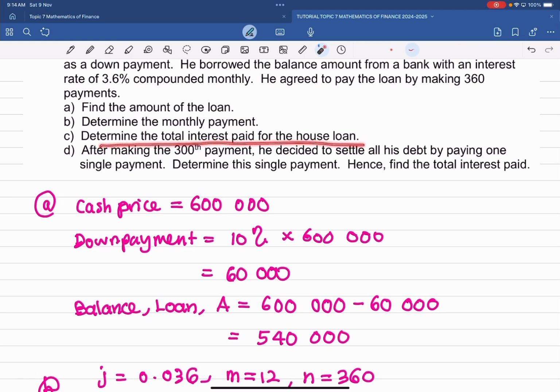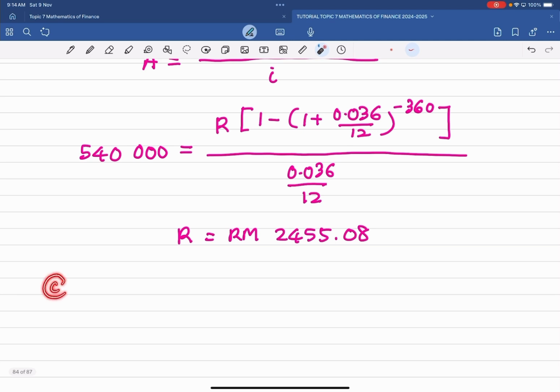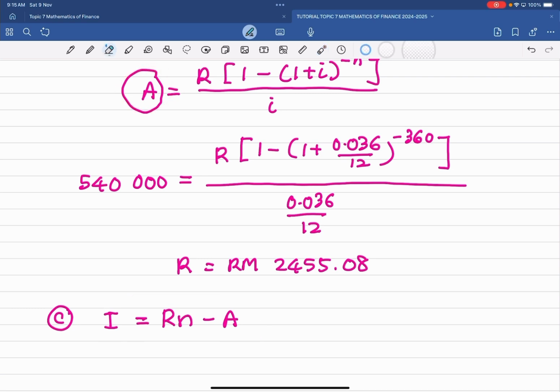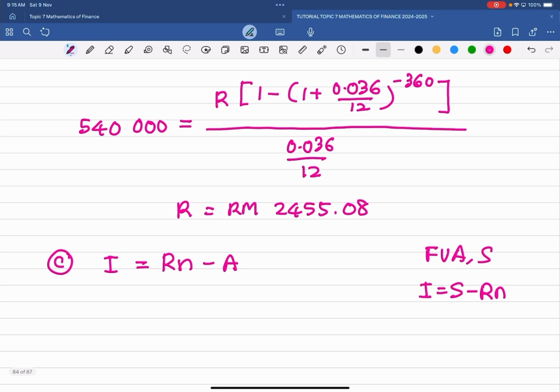Determine the total interest paid for the house loan. To find the interest, I equals R times n minus A. Wrong. Minus A. This is for the present value annuity. Do not confuse, do not use the same formula for S. If present value annuity, what do we use? If future value annuity S, what do we use? Okay, that works too.